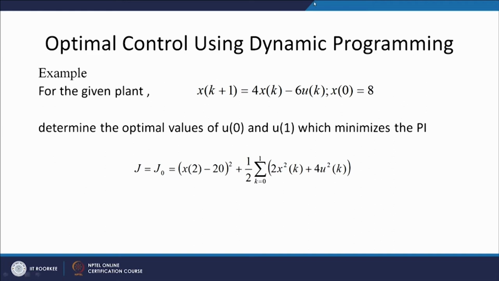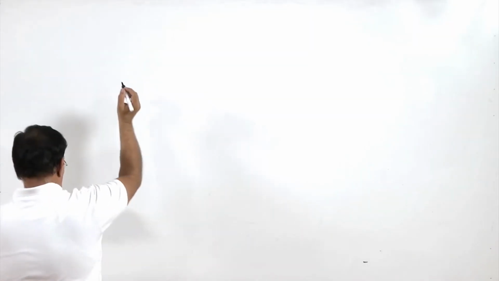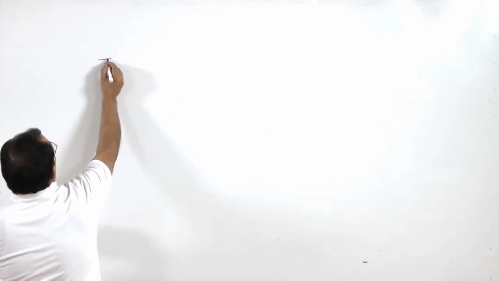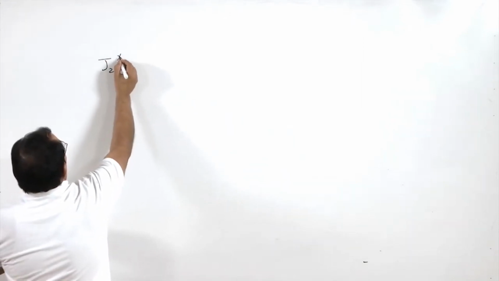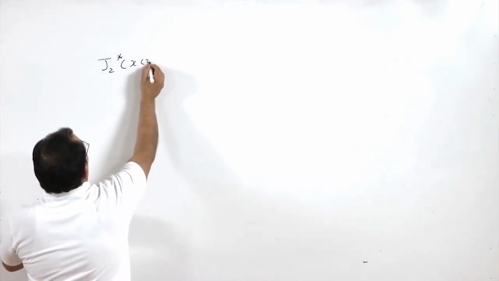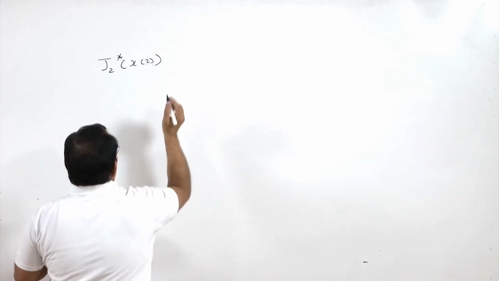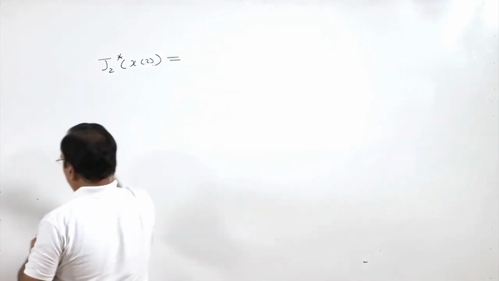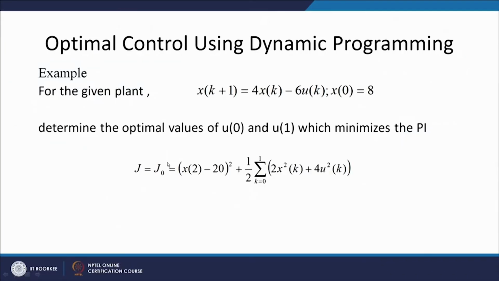As we know, what is the value of J2 star? My performance index is given as (x2 minus 20) square.